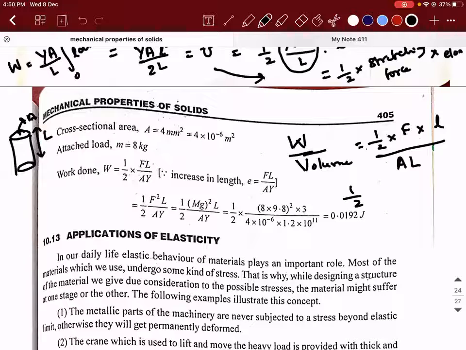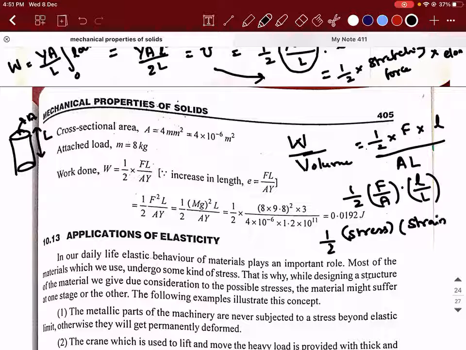Right. So half into, can I write it as F divided by A into l divided by capital L? So half into, what is F by A? Stress into, what is small l? Elongation divided by original length. It is strain.